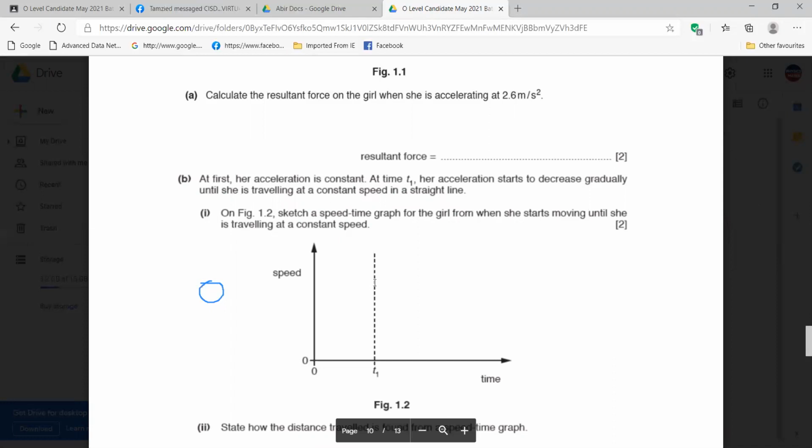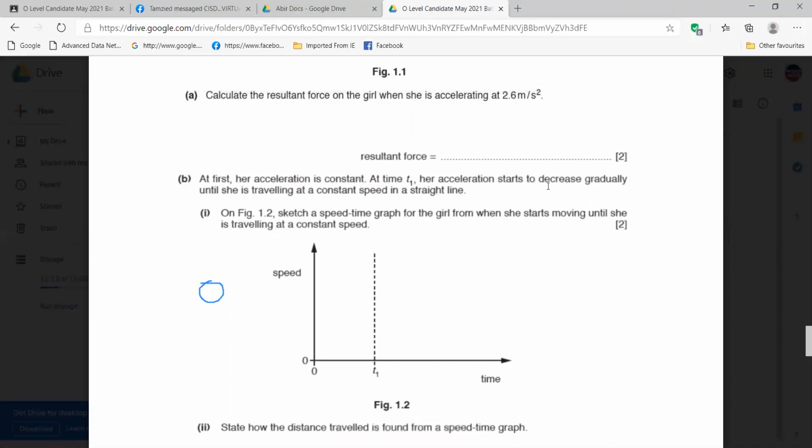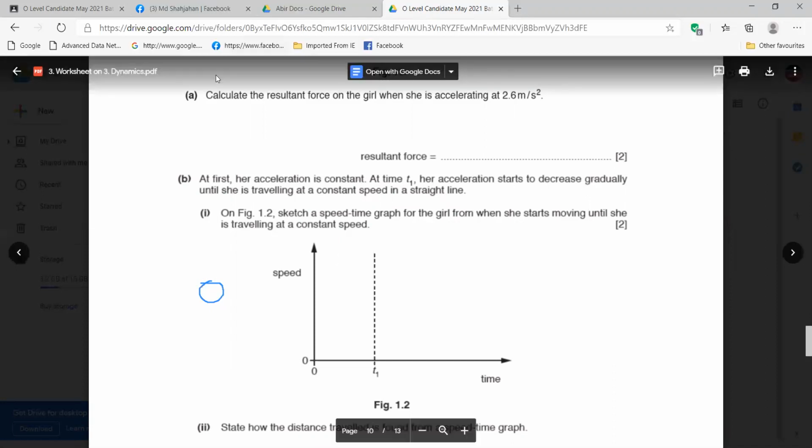Yes. Then after that it's written here her acceleration starts to decrease gradually. So I'm showing you the way the curved line should be. Here it's going straight, then after T1 we have gradually decreasing, then the speed becomes constant, right?